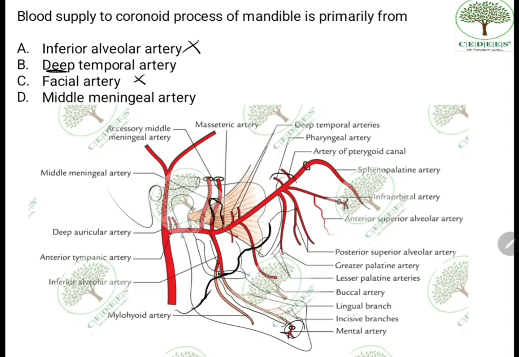This temporalis muscle is supplied by the deep temporal arteries, which are given off from the maxillary artery. They are going to be right where the coronoid process is. So according to this diagram and knowing that the temporalis attaches onto the coronoid, I would say that the deep temporal arteries are mainly going to be supplying the coronoid process of the mandible.